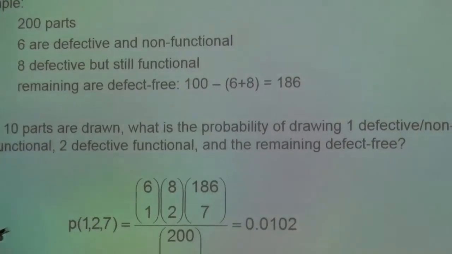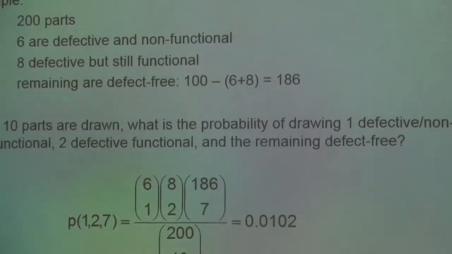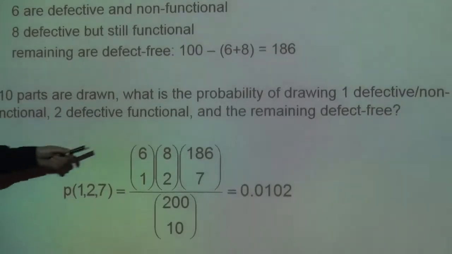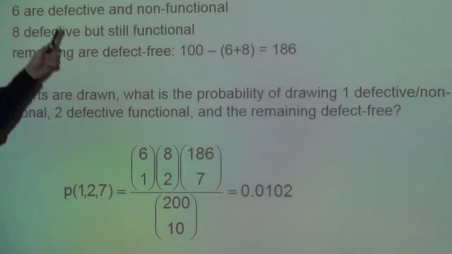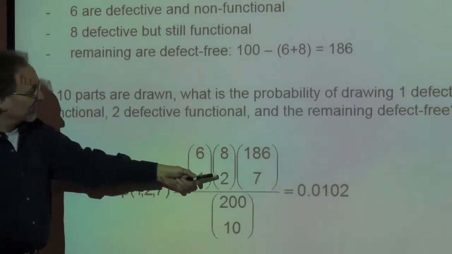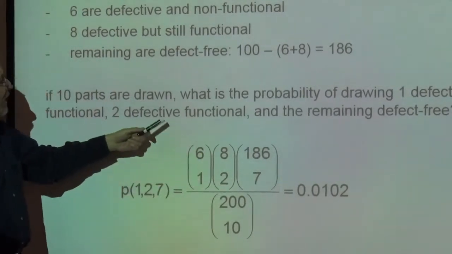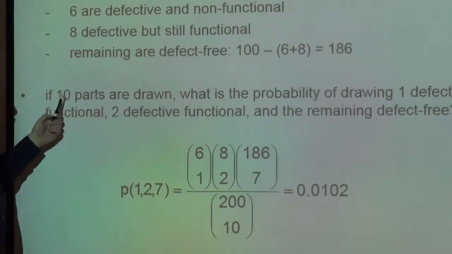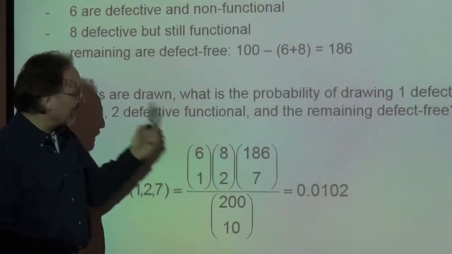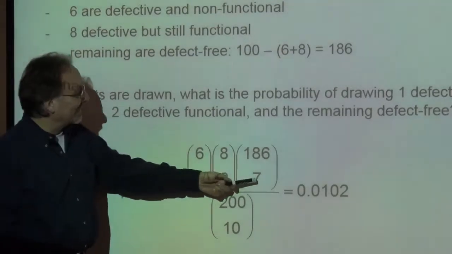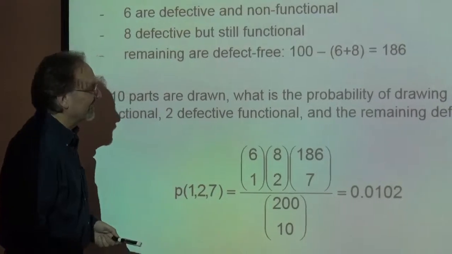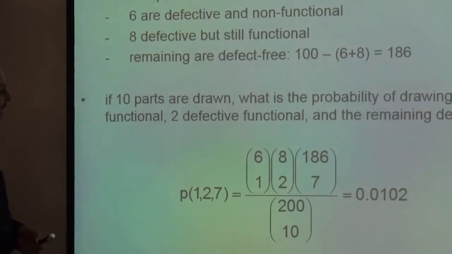remaining defect free, then I know that out of the 6, I draw 1, the 6 defective non-functional. Of the 8 defective but still functional, I draw 2, and since I'm drawing 10, these have to add up to 10, so there's 7 left that are completely functional and not defective.